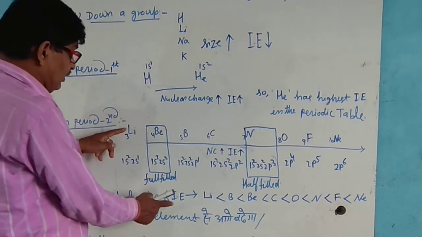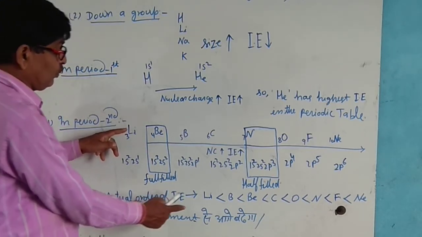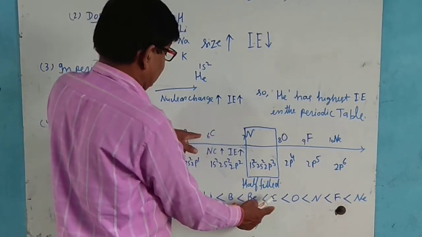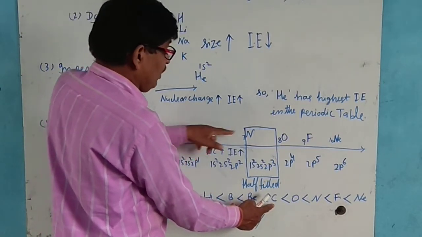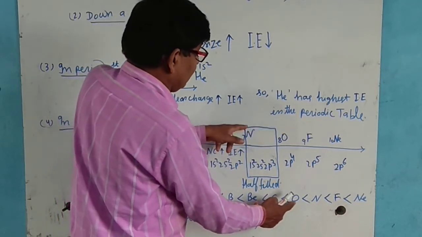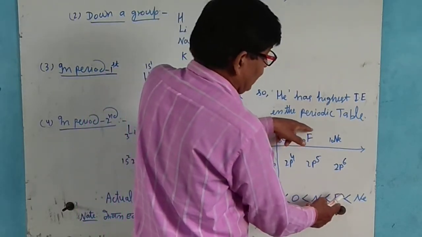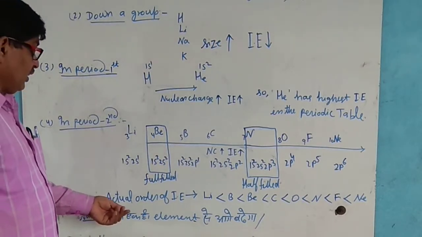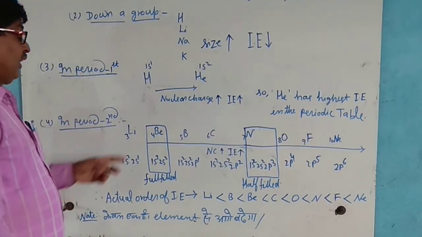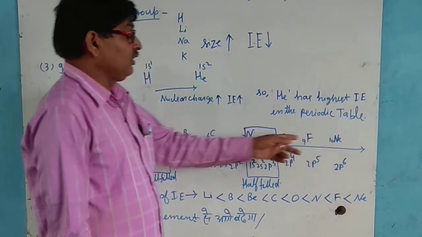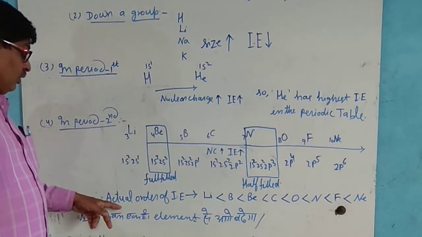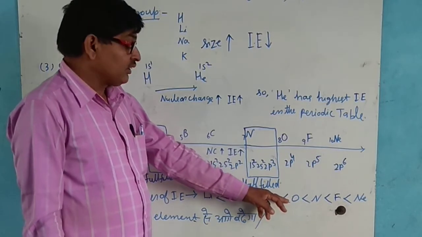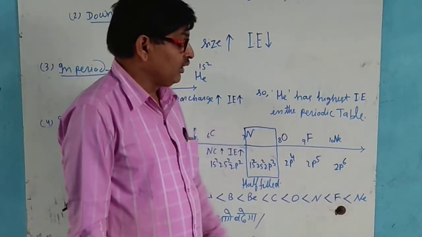So the actual order of ionization energy is: lithium, then boron, after that beryllium, then carbon, after that oxygen, then nitrogen, after that fluorine and neon. So this is the actual order of ionization energy, but the general order is different. This is an exceptional case. The actual order of ionization energy is lithium less than boron, less than beryllium, less than carbon, less than oxygen, less than nitrogen, less than fluorine, and less than neon.